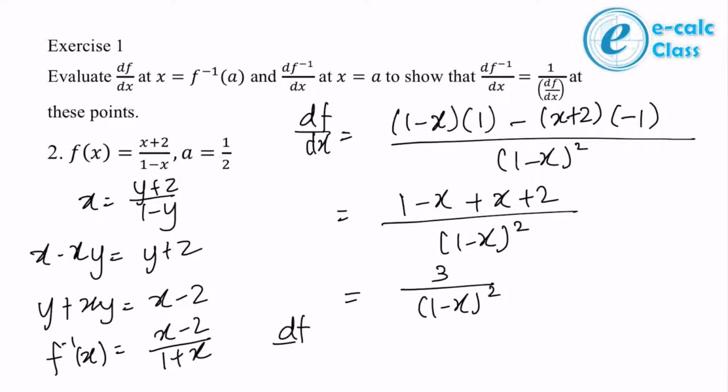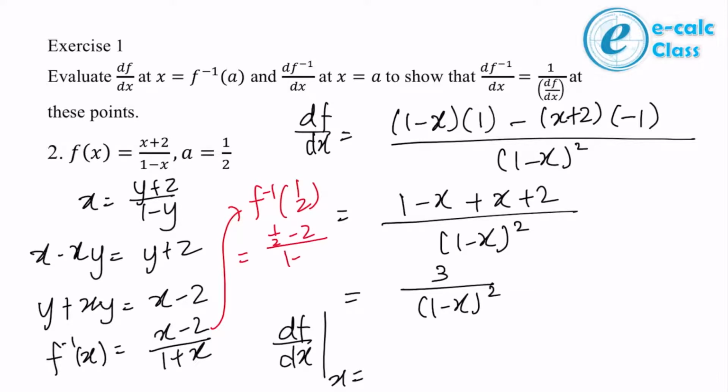And now we want to find df/dx at x equals, okay, I'm running out of space here. f inverse of half is what? Half minus 2 over 1 plus half, times 2 times 2, 1 minus 4, -3.